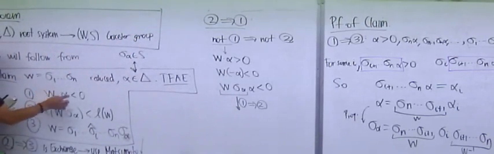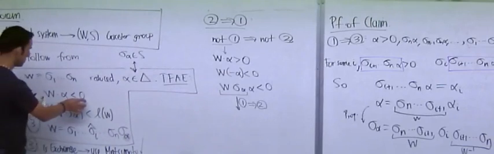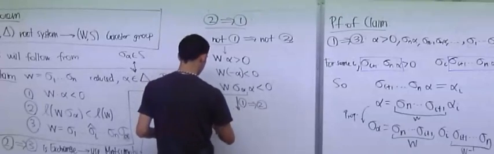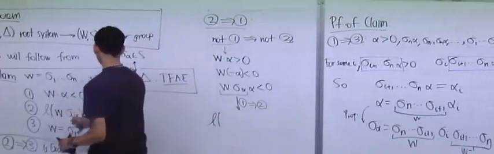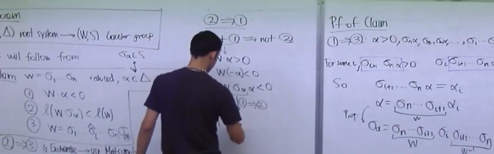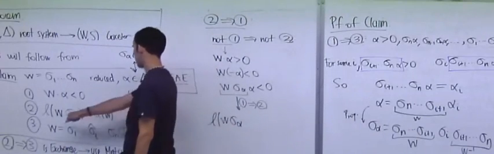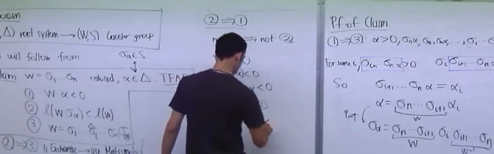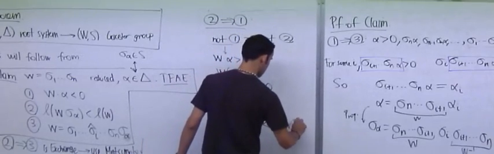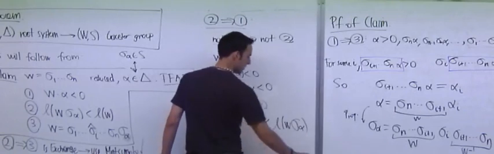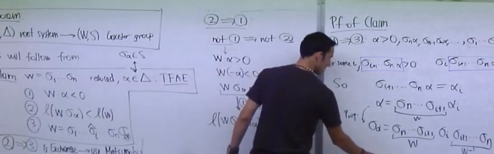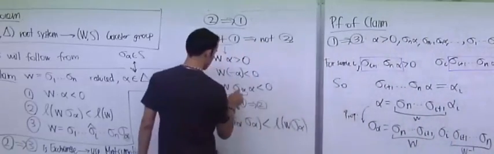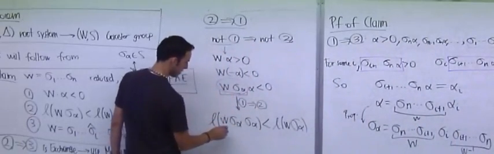If you have some group element times alpha being negative, which is exactly what we have here, then you can conclude that the length of that group element times sigma alpha is less than the length of that group element. You see, I'm applying 1 implies 2, but I'm not applying it for W. I'm applying it for this thing.